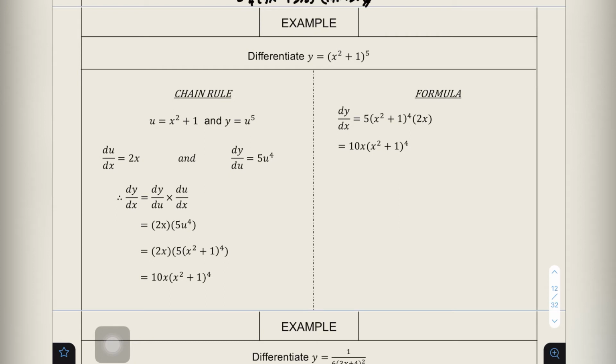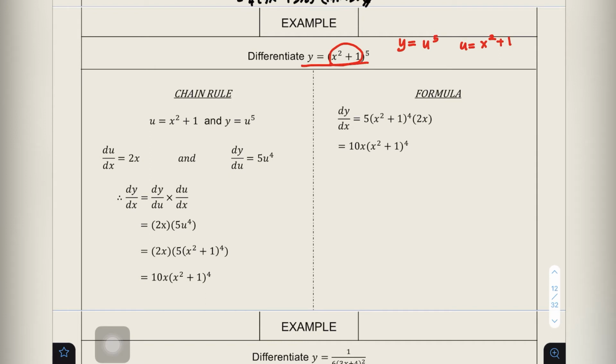If you change this y in terms of u, you will get the first function as y equal to u to the power of 5, where you substitute everything inside the bracket with u. So your u is actually everything inside the bracket, x squared plus 1.